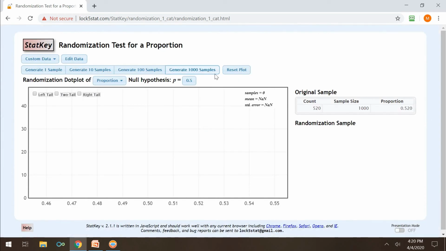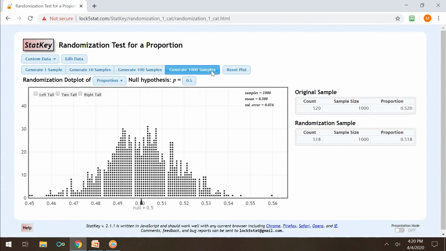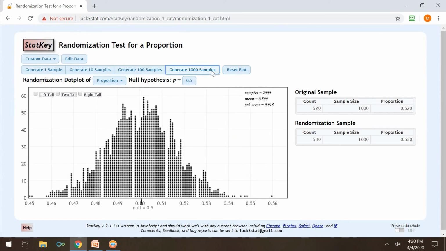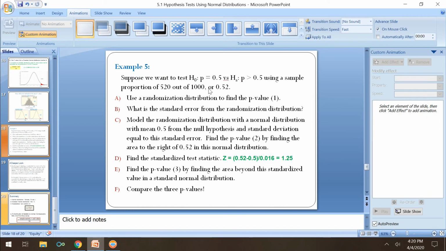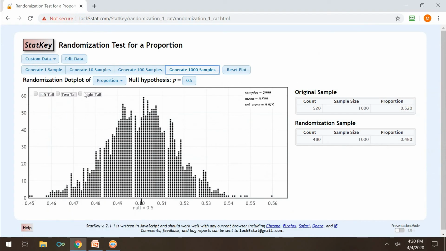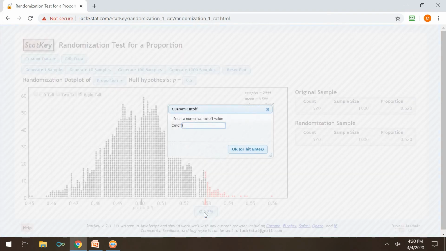Once you have your data, you will generate several thousands of samples. And then you will follow the alternative. The alternative is larger than, so you know this is a right tail test. And you adjust the cutoff to your sample statistic. My sample statistic is 0.52, so you'll enter that here.